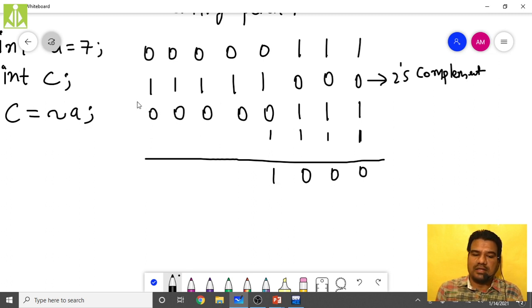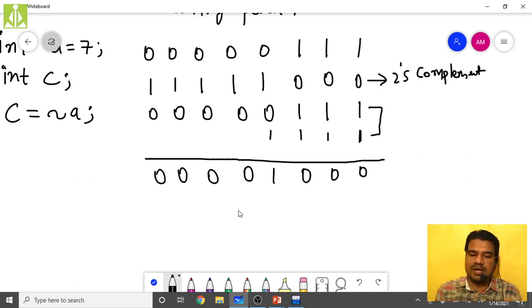The addition we are performing is only on this part. Don't consider the above digits. In between these two lines only we are performing the addition. So we got 1, 0, 0, 0, preceded by 4 zeros, like this.